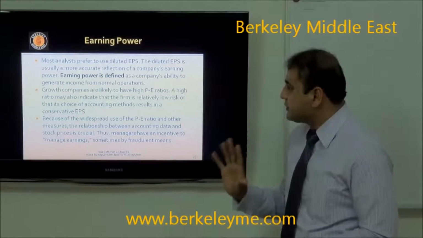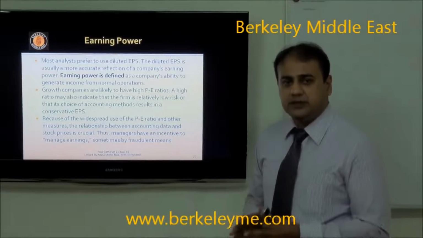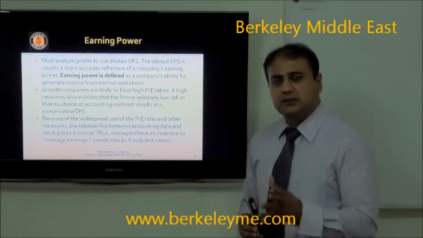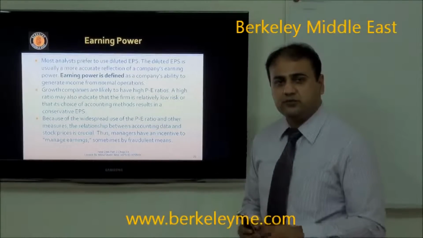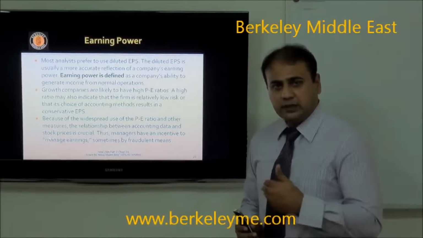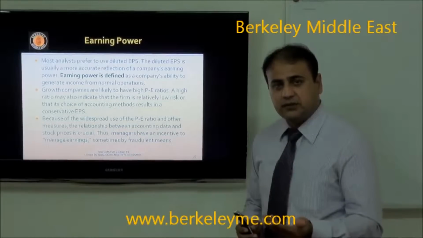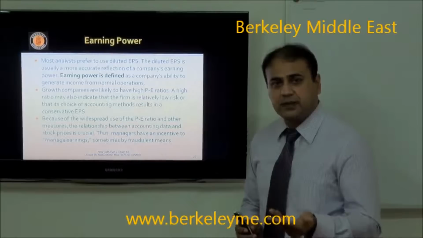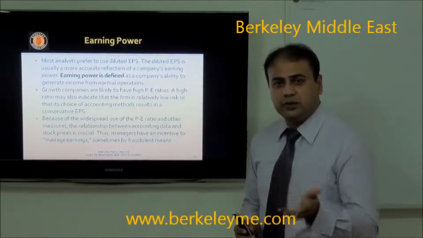Earning power: most analysts prefer to use diluted EPS. What is diluted EPS? There is a discussion among analysts that preference shares are not a true form of equity, because when we issue preference shares, we commit to the shareholder a fixed rate of dividend, which makes them a little ambiguous in terms of liability or equity.